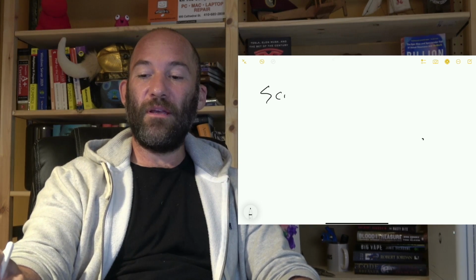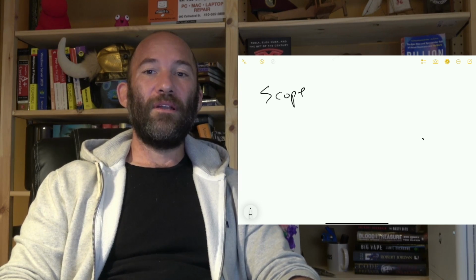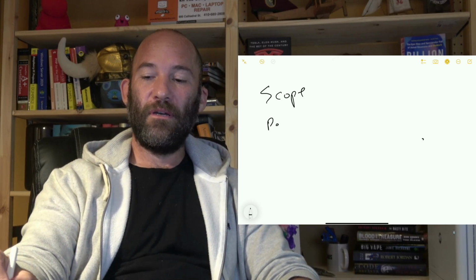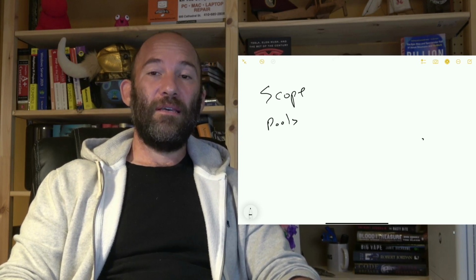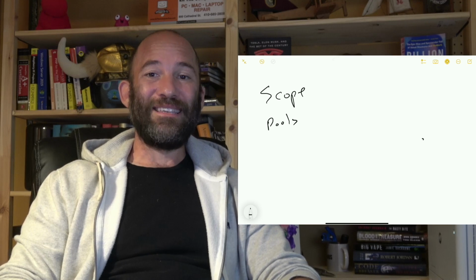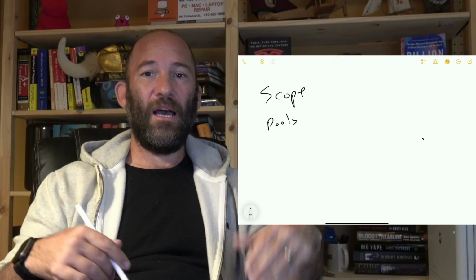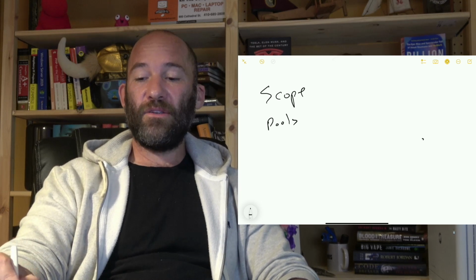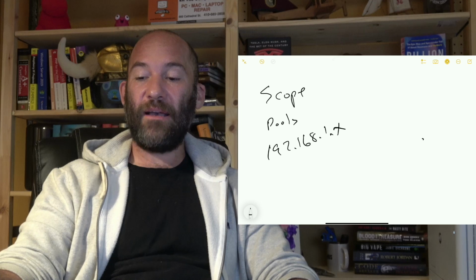So the first thing that you need to think about is what is called the scope. Essentially, you are going to create address pools. Most of the time you'll just have one address pool, but what this is, is the addresses that are available for your DHCP server to be able to assign to DHCP clients. So if we look at the 192.168.1.x network, right?